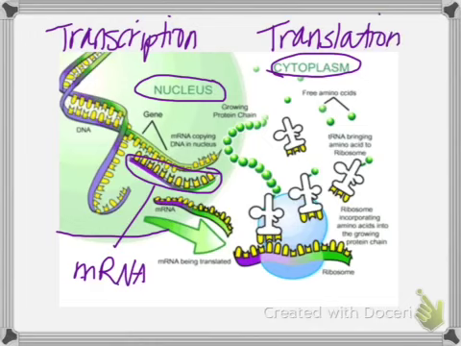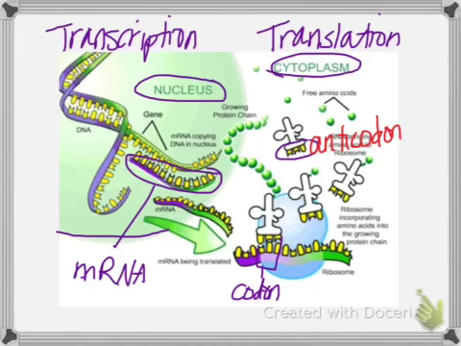Translation is where it's going to read 3 at a time and translate the code. It's going to look at a codon found on mRNA. It's going to match up with the tRNA, which is going to transfer that amino acid. So this has the anticodon. Again, if my codon is A, U, G, A goes with U, U goes with A, G goes with C. So let's pretend this matches, this has that code on it.